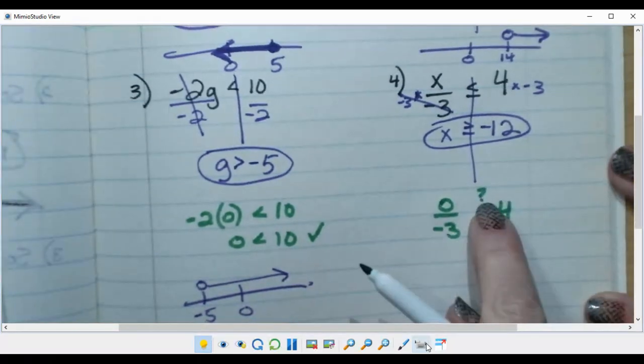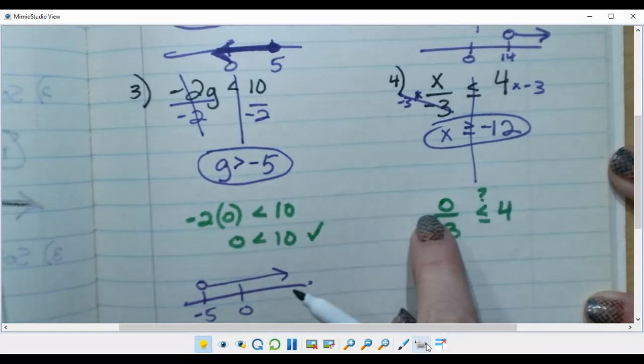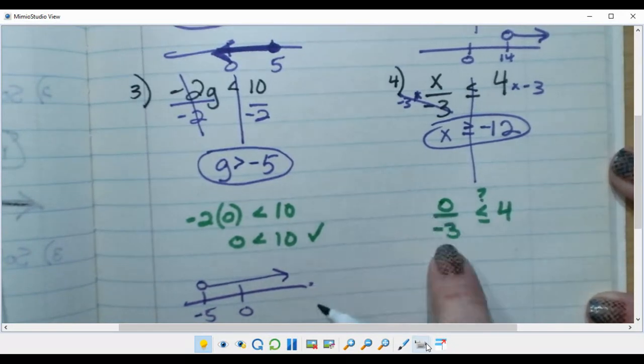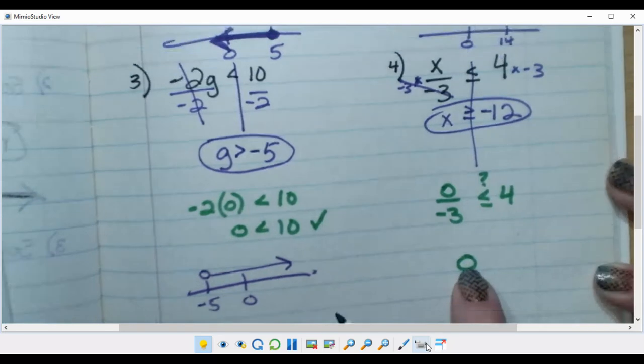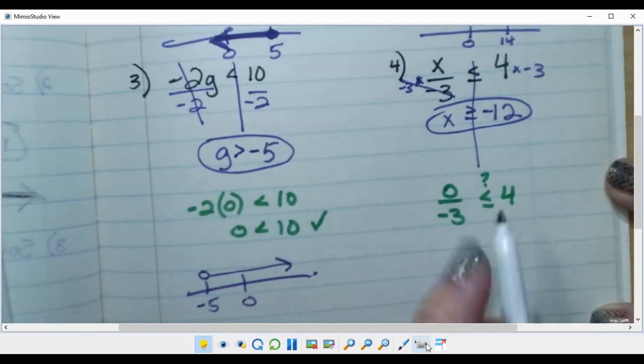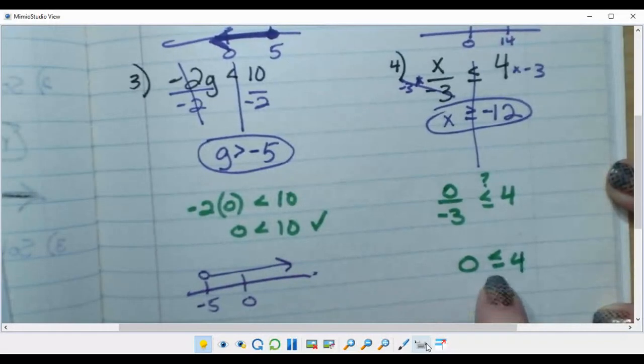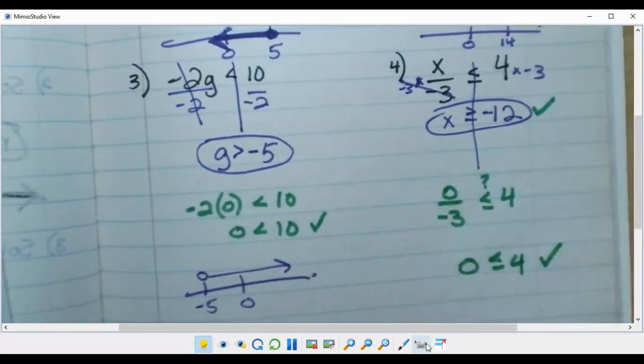And I put the question mark to show that I'm not sure yet. Well, if I have nothing, I don't care how many piles I divide it into, I'm still going to have nothing. Don't put a negative sign in front of that. Even though there's only one in the problem, -0 doesn't exist. Is 0 less than or equal to 4? Yes, which means that's correct.